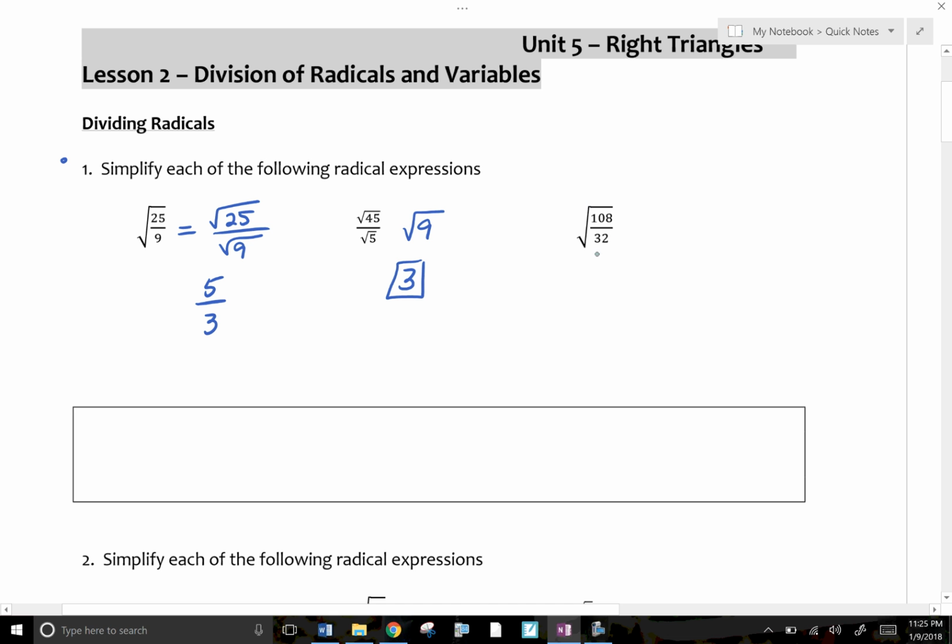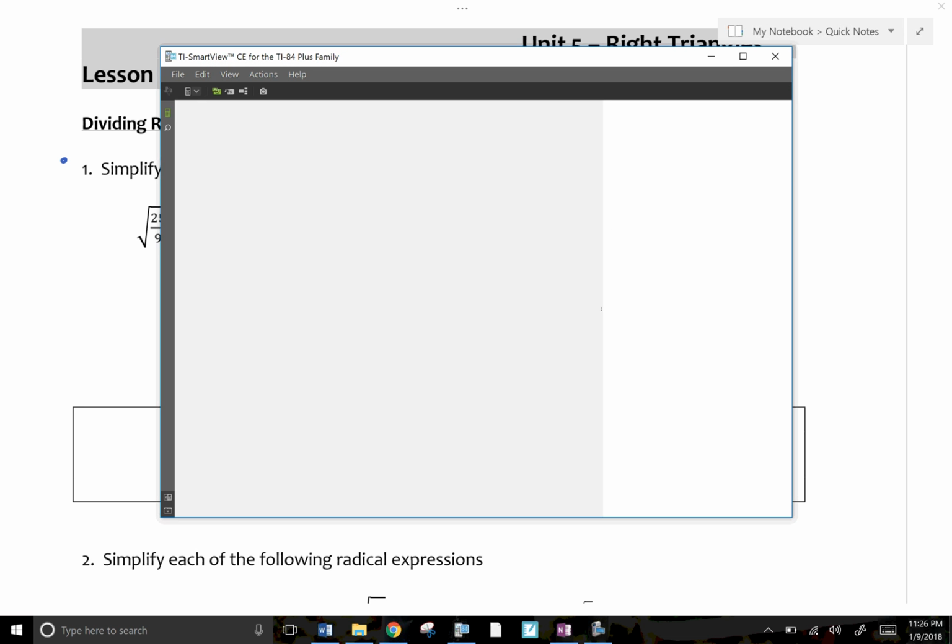And then last but not least over here, 108 divided by 32. If I pull the calculator out, that is not going to be perfectly divisible, but the calculator can simplify the fraction for me.